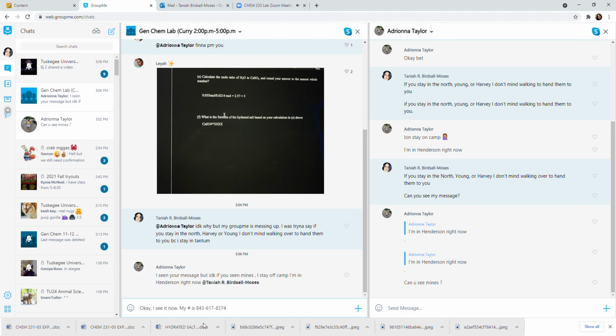Okay, let's see. It says write the products that result when each of the hydrates below are heated above the boiling point of water. See above, for example. So you have magnesium sulfate. Yeah, so you just write the magnesium sulfate.